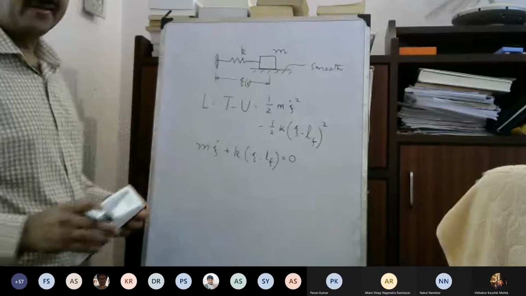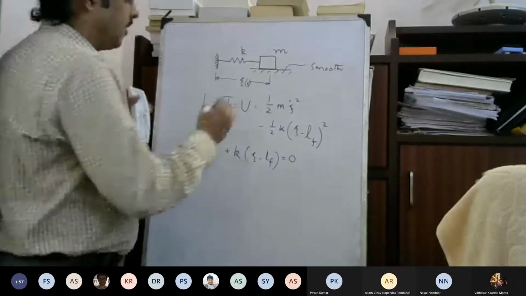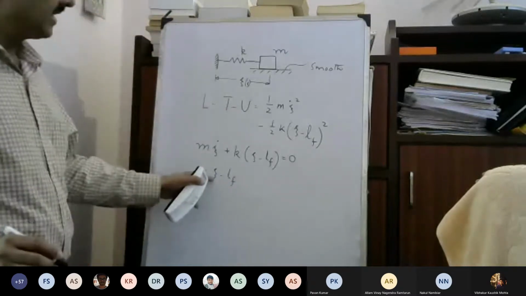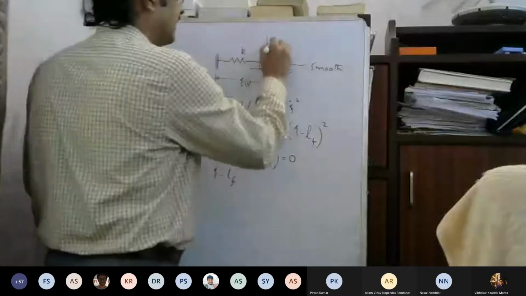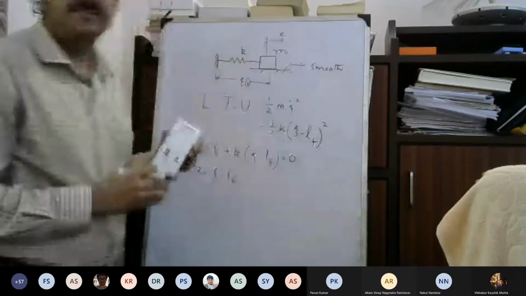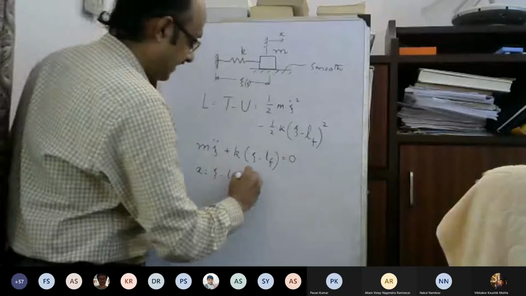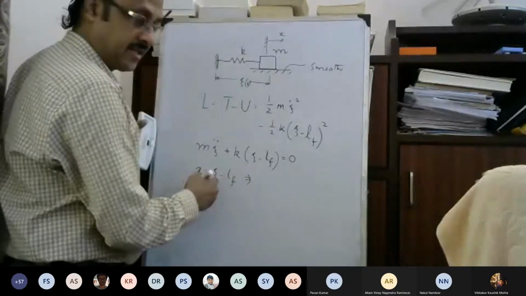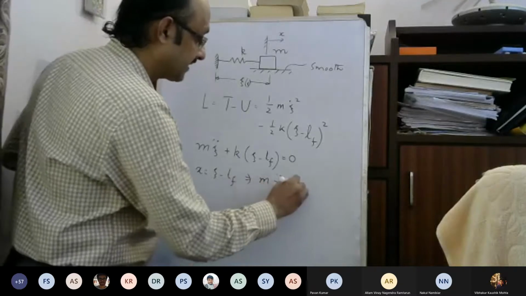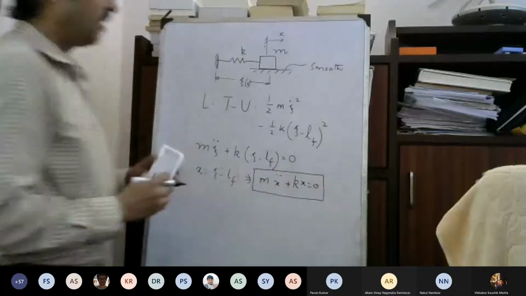That is not a very serious objection, because we can define x as zeta minus LF, which is nothing but the displacement of the mass from the equilibrium position. If you substitute that, x double dot equals zeta double dot. LF is a constant, so you get m x double dot plus k x equal to 0. So this is our equation written in terms of x.